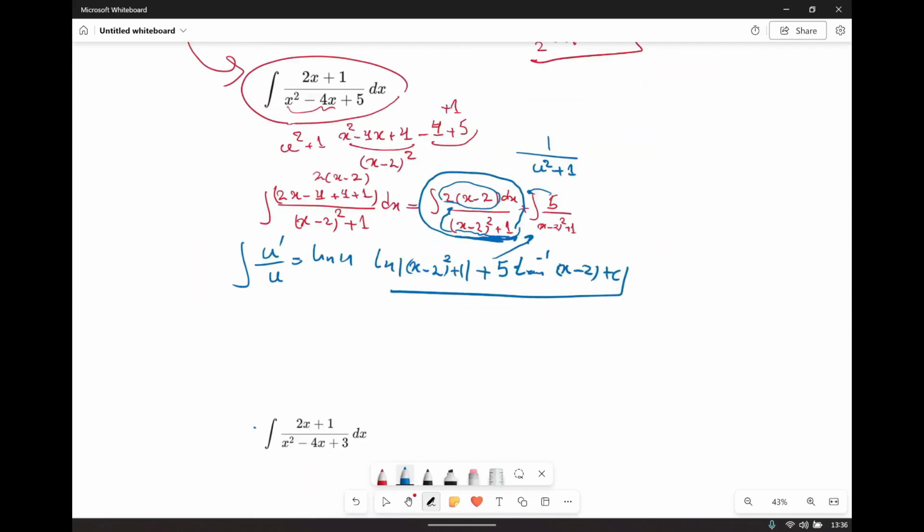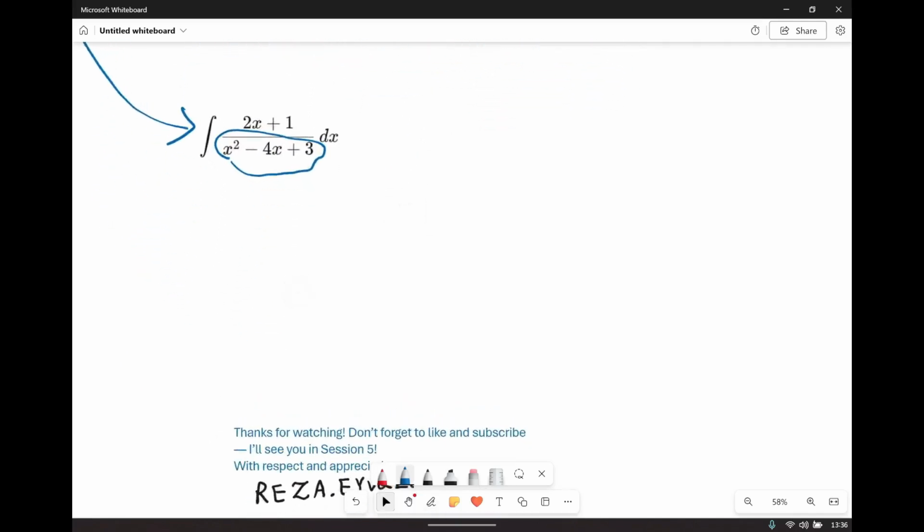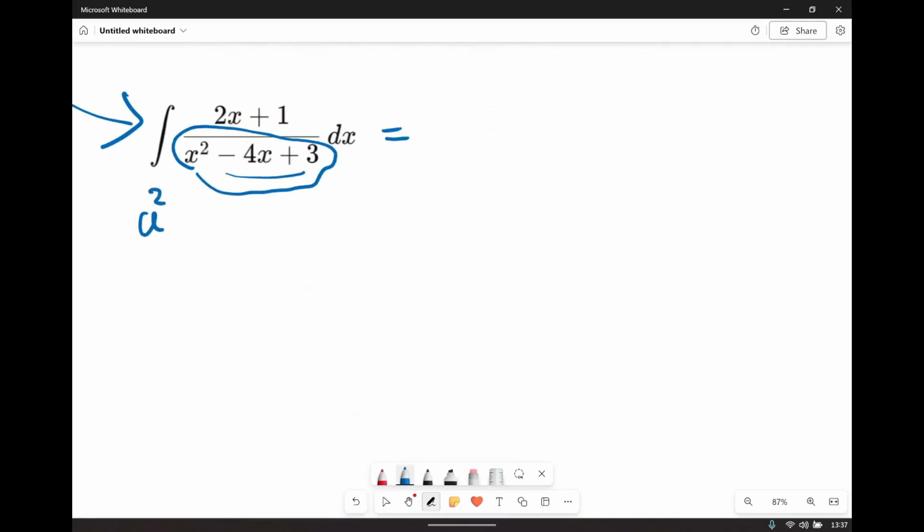Although in the previous example the tops are the same, this part and this part have a little change and our solution is totally different. Okay, let's check it. In the previous one we built u power 2 plus 1, yes? But here we can never produce something like this. What must we do?